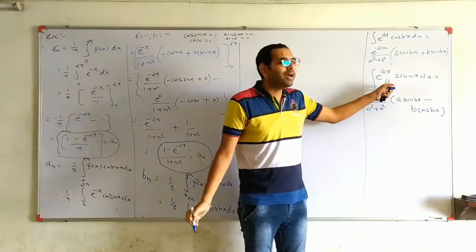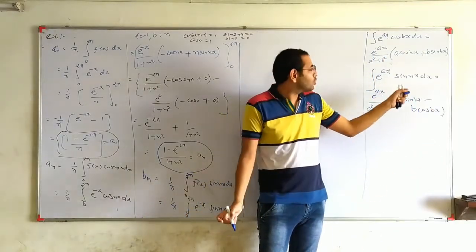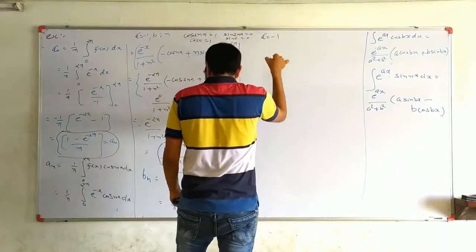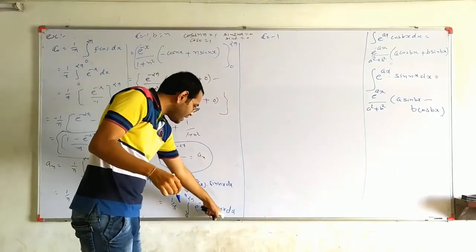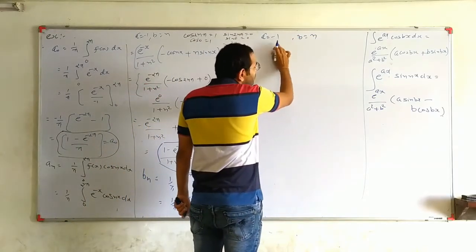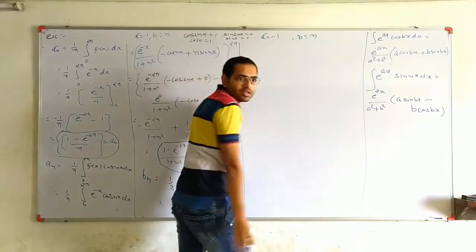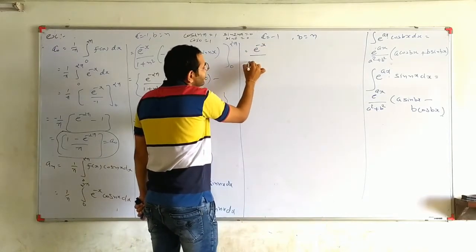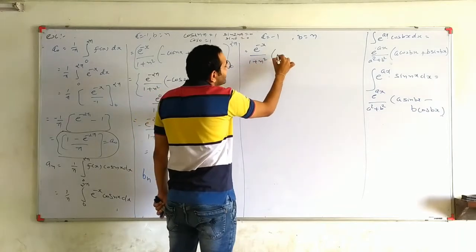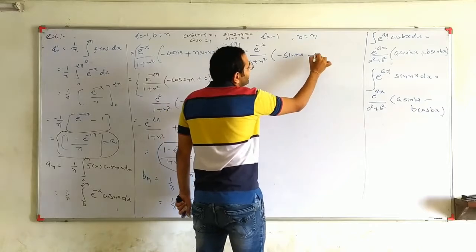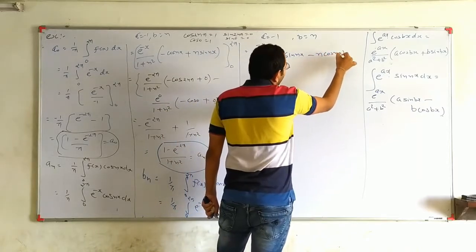Then compare this equation to this formula. Here a equal to again minus 1 and b equal to n. Substitute the values of a and b in this equation. Then we get e raised to minus x upon 1 plus n square, times minus sin nx minus n cos nx.